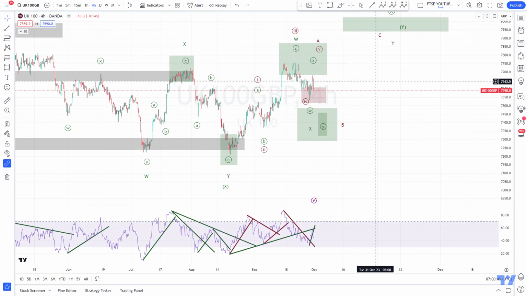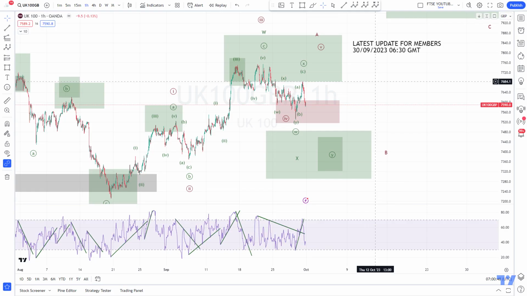But now on the short term, I would say it looks like this is a different cycle. So I would expect more downside now into this area here, and then in my primary and in my secondary scenario, this would actually be a buy area, because we are in the wave X area and we should go up.